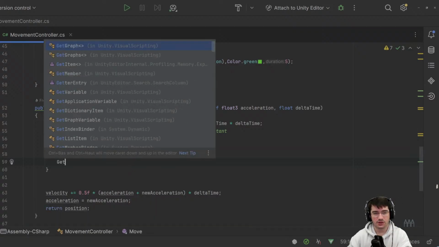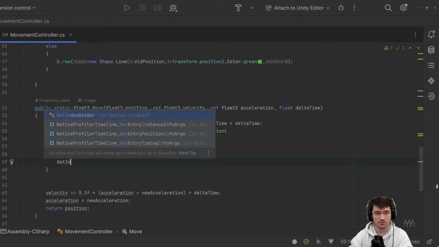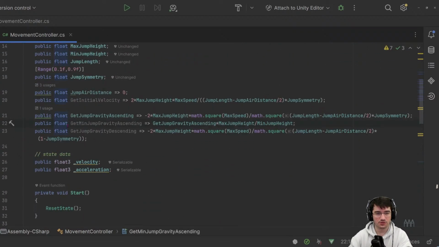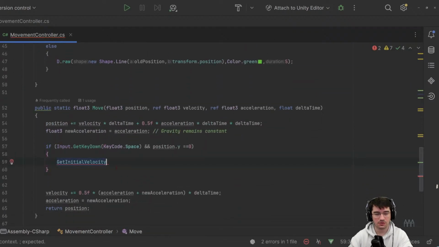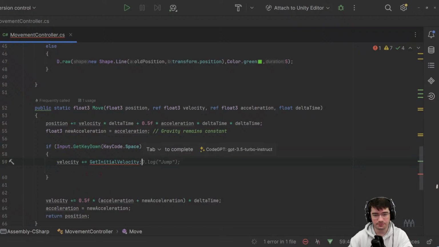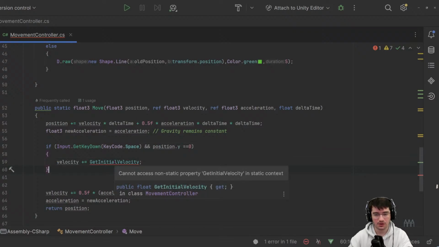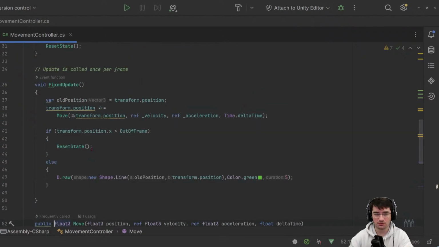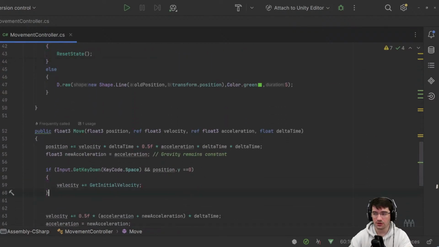So I want to get my initial velocity, which is here. Okay, and I want to update my velocity. Cannot access non-static property in static context. Okay, so don't be static. I don't know why it was static.